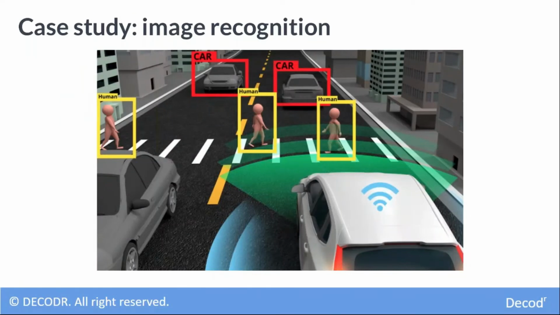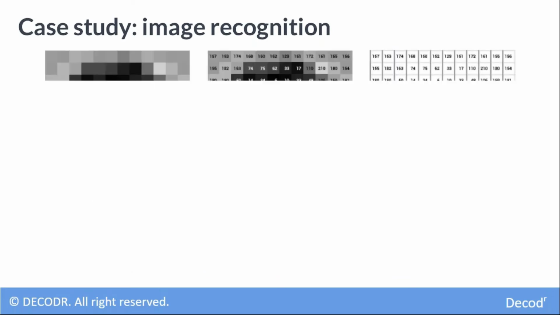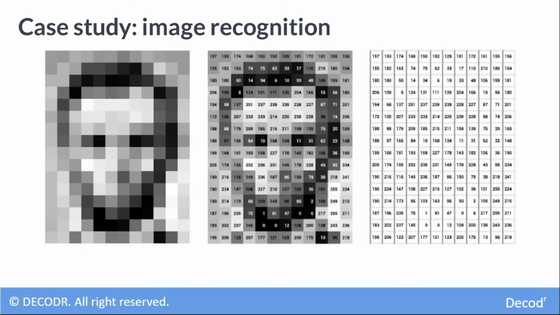Let's tackle another example. A key task for self-driving cars is identifying when an image contains a human. So what would be the data set for this problem? We could express the picture as a matrix of numbers where each number represents a pixel.